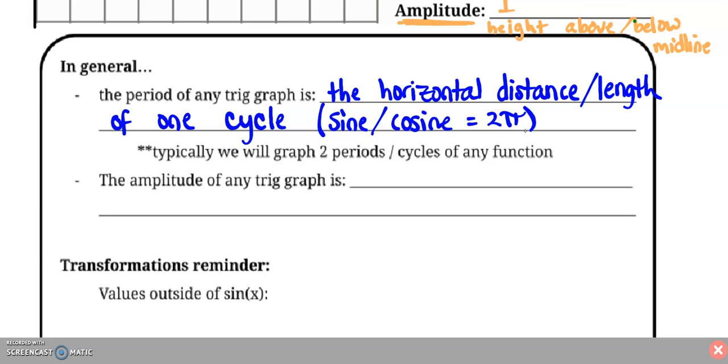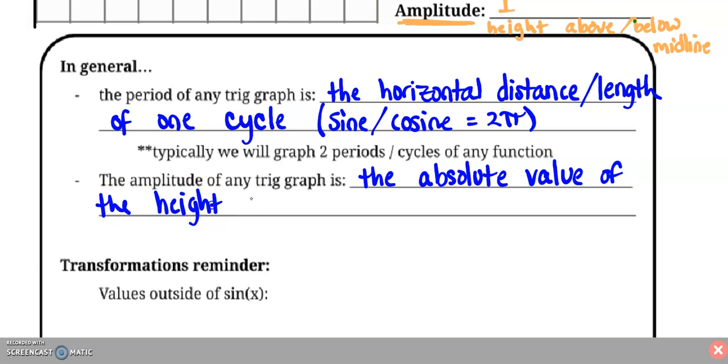Then the amplitude of any trig function is the absolute value of the height vertically, above or below the midline.